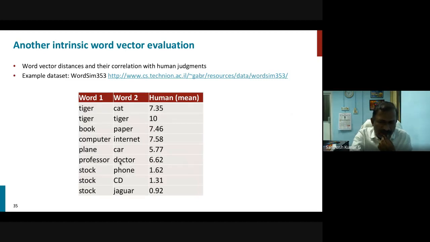Professor and doctor, maybe. Yeah. So Stock and Jaguar, right? So this is work that has been done with the WordSim 353 dataset.